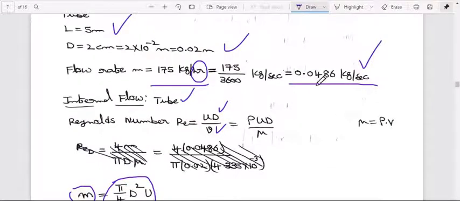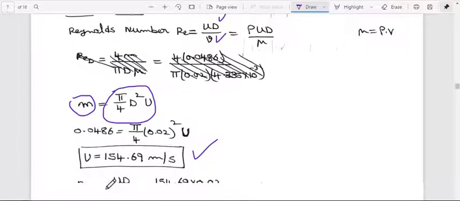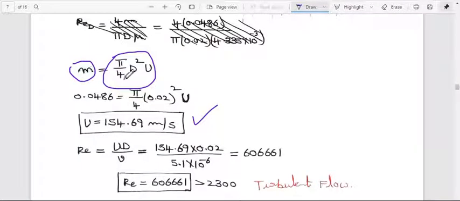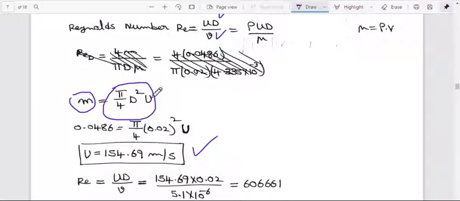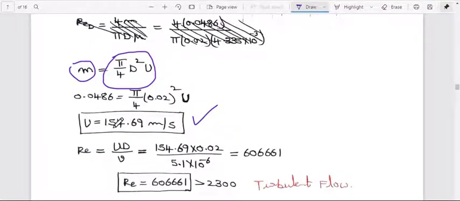Here m equal to 0.0486 and the diameter of the tube is 0.02. That's why I'm calculating the U value. So here U equal to 154.69 meters per second.